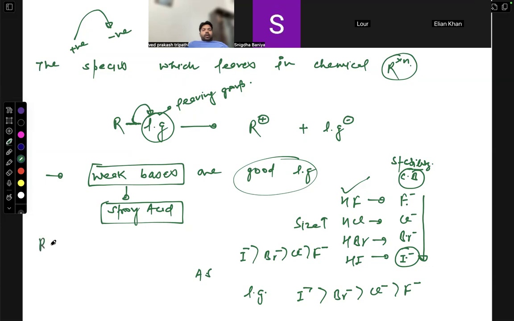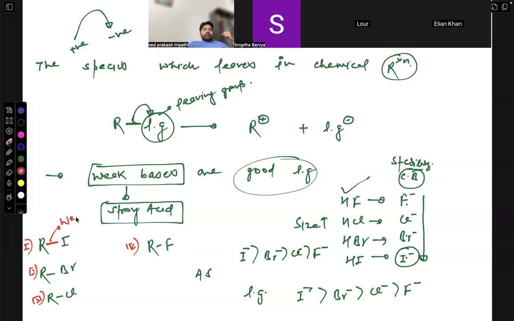Suppose we have the bonds R-I, R-Br, R-Cl and R-F. So the best leaving group would be iodine. If I arrange them by bond strength, which bond is stronger and which is weaker? The iodine carbon bond is the weakest bond.